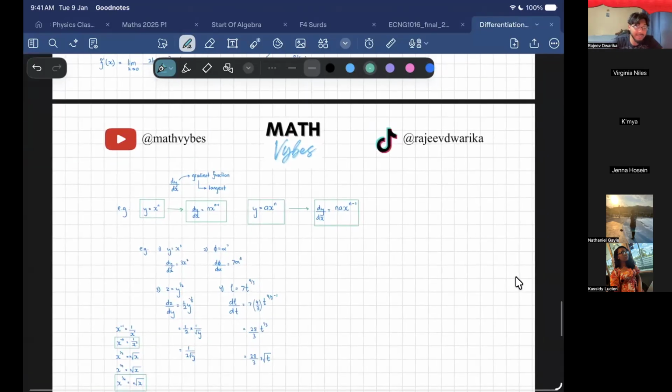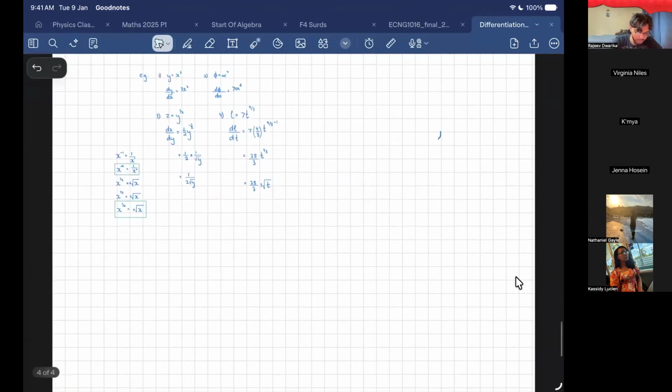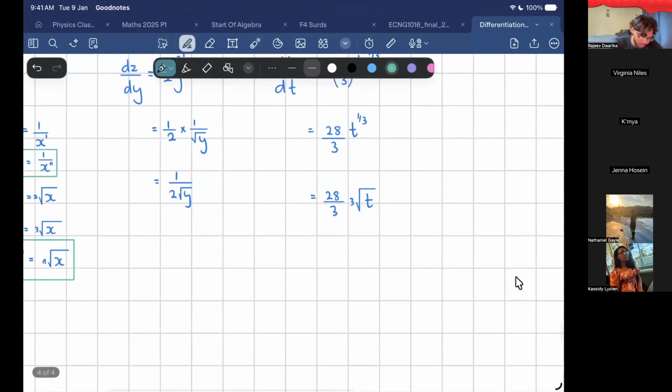Let's look at some specific examples. Let's just say I had y is equal to 5x. Now I'm going to explain something here and it's going to blow your mind.